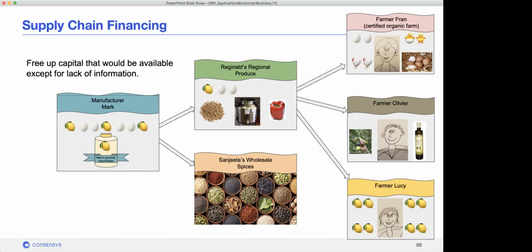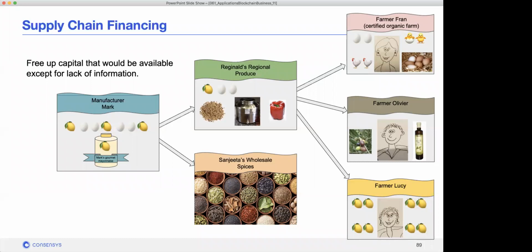Reginald's Regional Produce, if they want to get some financing, they can say, hey, we've got a signed invoice from manufacturer Mark, and we know that we're going to get paid in 120 days. And so they'll probably be able to get invoice financing.